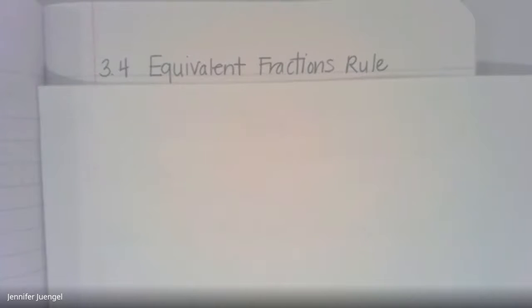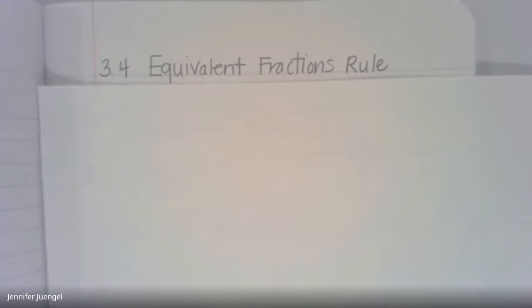Now, if you remember way back from lesson 3.1 last week, we were talking about the idea of equal sharing or equivalence between fractions, meaning we're trying to find fractions that are worth the same amount or have the same value, but are called different names.